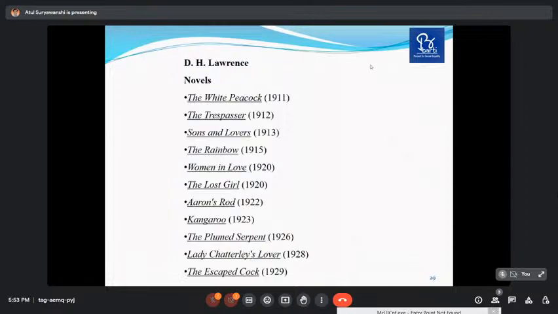Let's proceed further. Let's have a fleeting glance. The most reputed writer for writing altogether a different genre of literature, passions, D.H. Lawrence, David Herbert Lawrence.